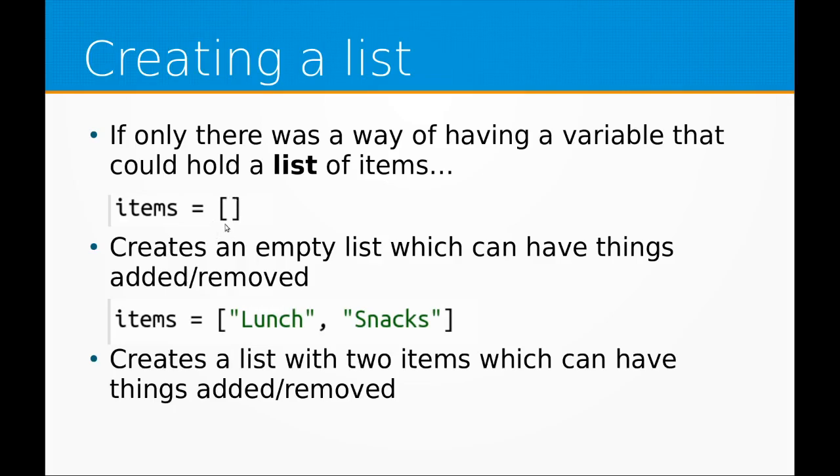Instead, you can say, okay, items equals lunch and snacks. So we've put 2 items in there, separated with a comma, inside the square brackets. You can do things either way. You can create it with things in there to start with. It's entirely up to you.